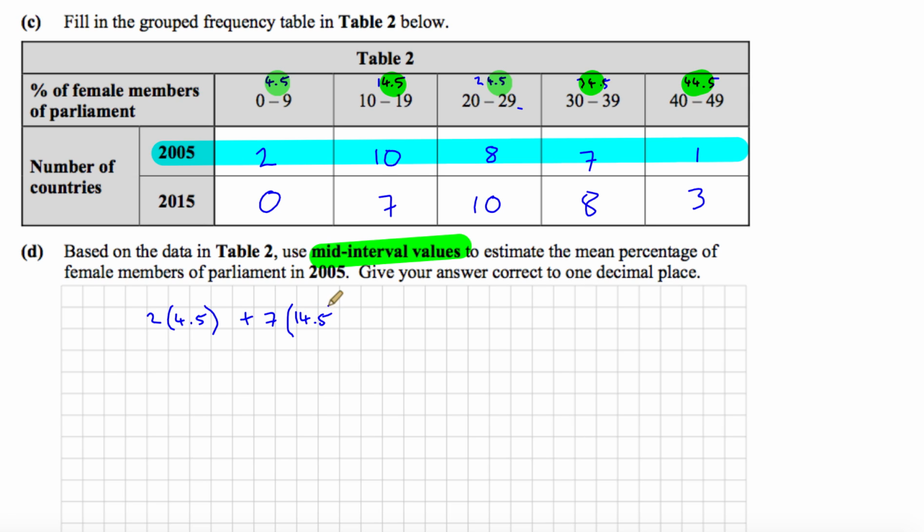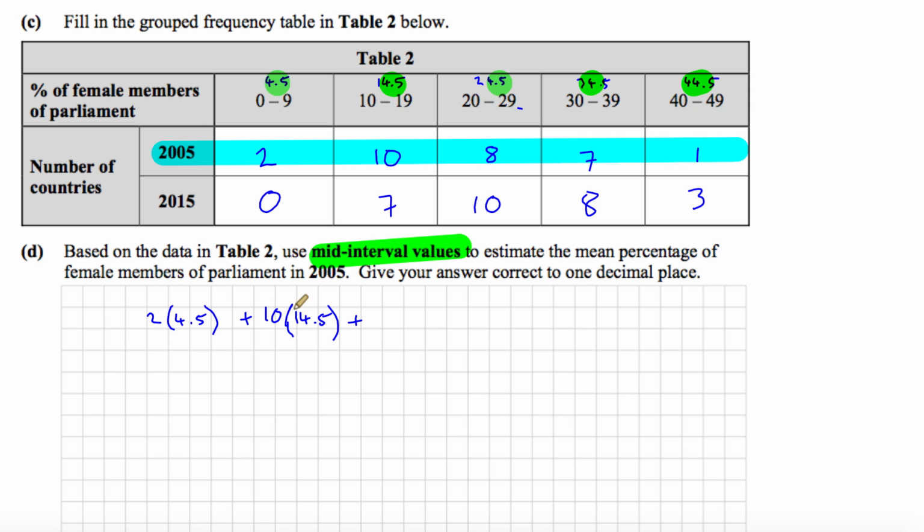So this mid-interval value is the best estimate for this group from this table. So then we're going to have, sorry, that was not 7 there. Mistake there. I'm looking at the data for 2005. It wasn't 7, rather, it was 10.